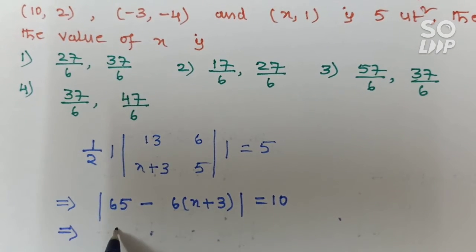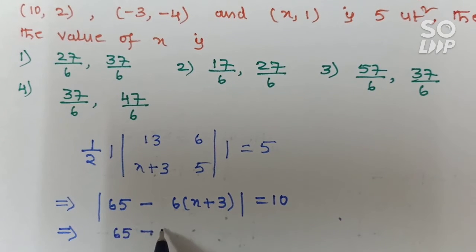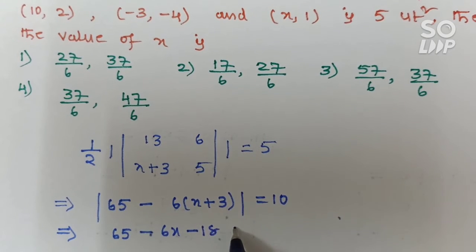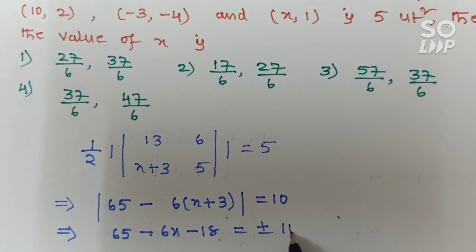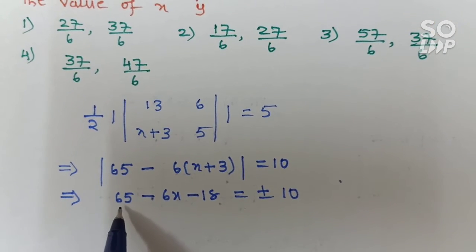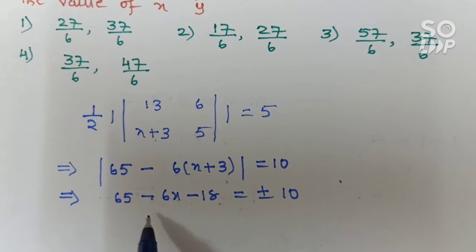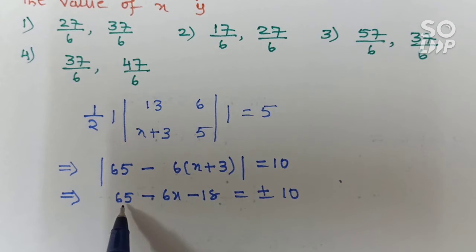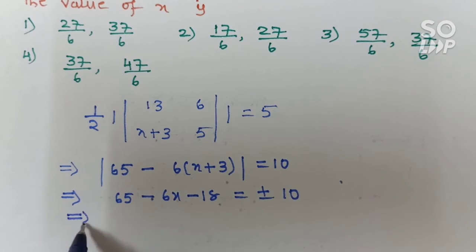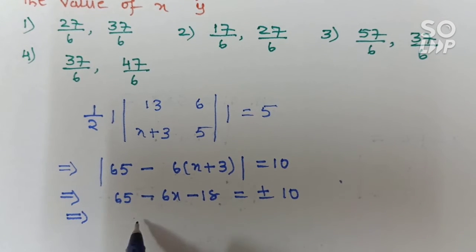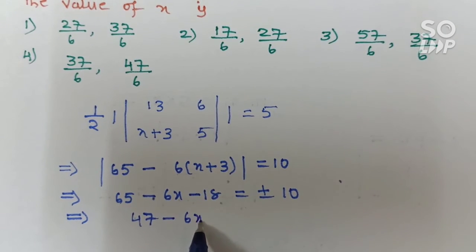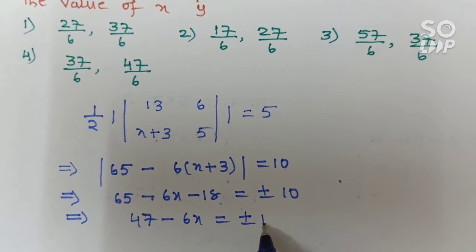That implies 65 minus 6 into x minus 18 is equal to plus or minus 10. And now 65 minus 18 is 47. So here it is 47 minus 6 into x is equal to plus or minus 10, right?